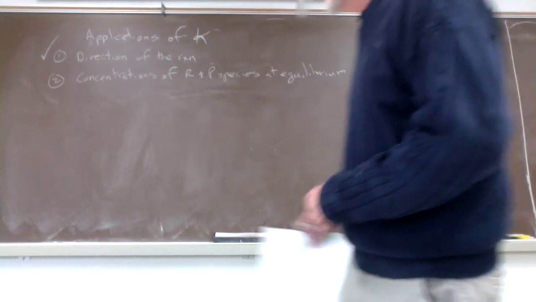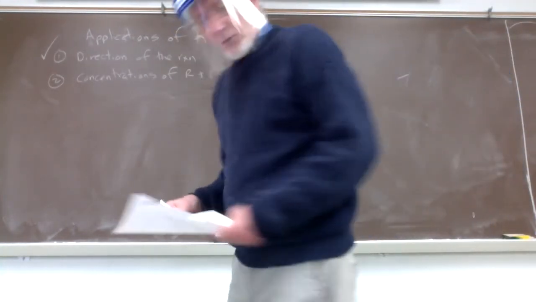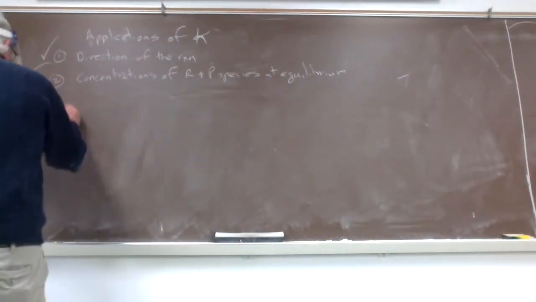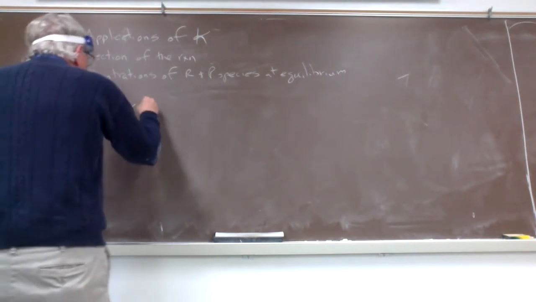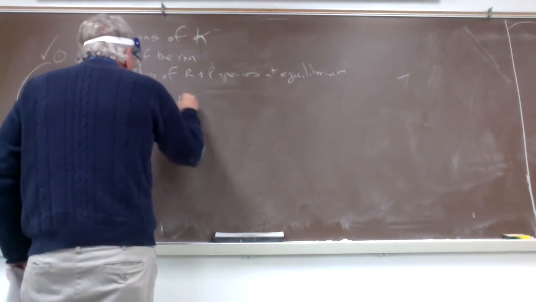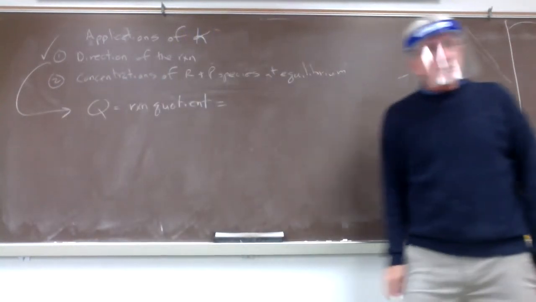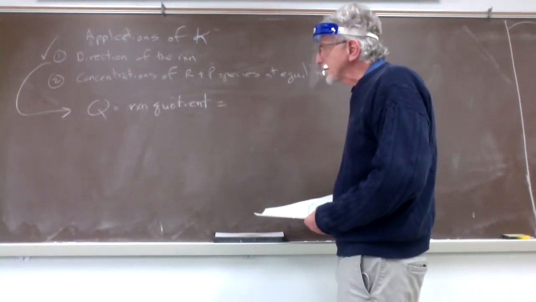Remember that. So how can we use this to determine the direction? In order to do that, we need to introduce a new term, and that term is Q. And that's called the reaction quotient. And what on earth is a reaction quotient? I should write that out.